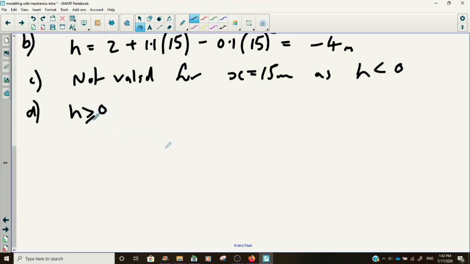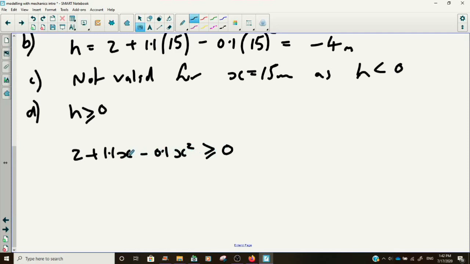So what I would suggest is that we try to solve this as an inequality. So 2 plus 1.1x minus 0.1x squared has got to be greater than or equal to 0. That's going to give us the range of values of x for which the model is valid.